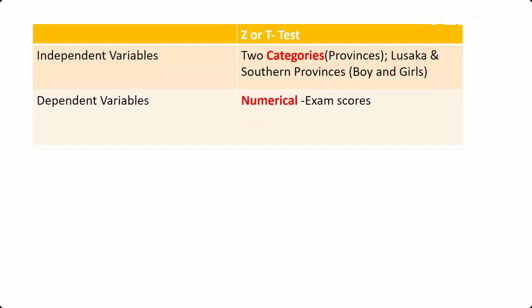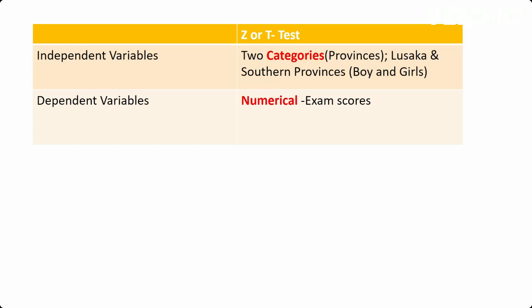So in our categories, we are likely to have independent variables. For example, we can have provinces. You're comparing results from provinces between Lusaka and Southern Province, or you're just comparing the performance of boys and girls within a class. You have those two categories as your independent variables.